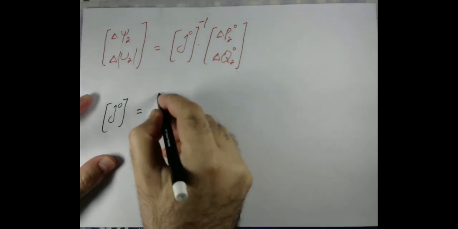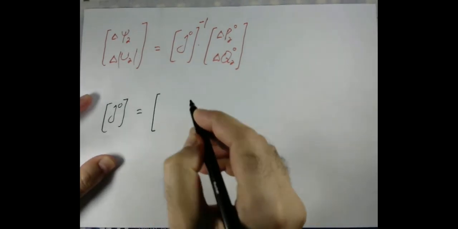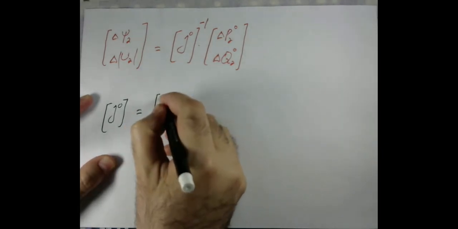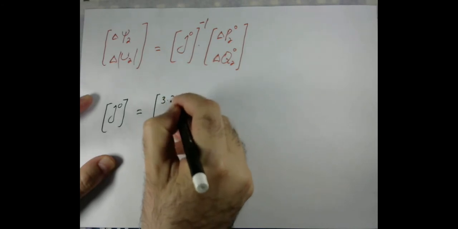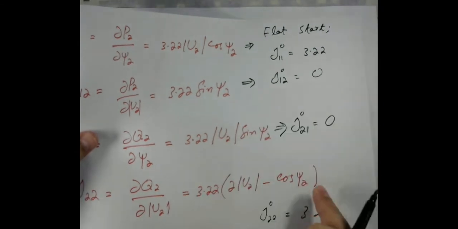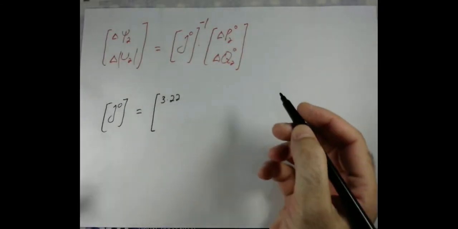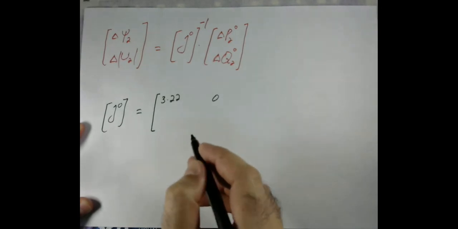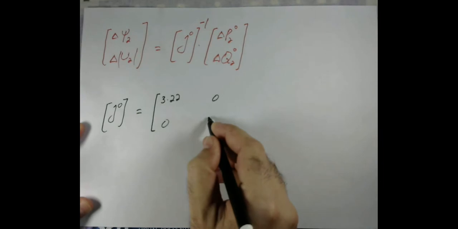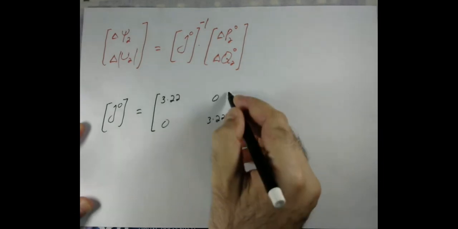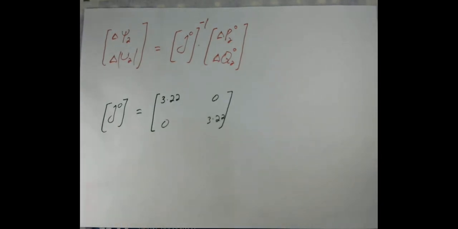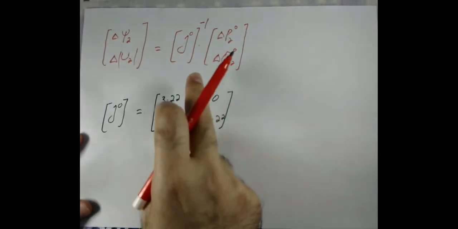The Jacobian matrix will have the following four elements that we determined before: 3.22, 0, 0, and 3.22.